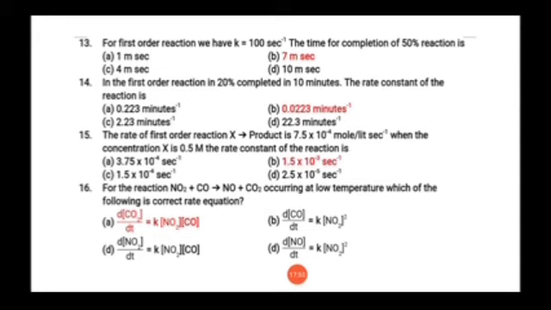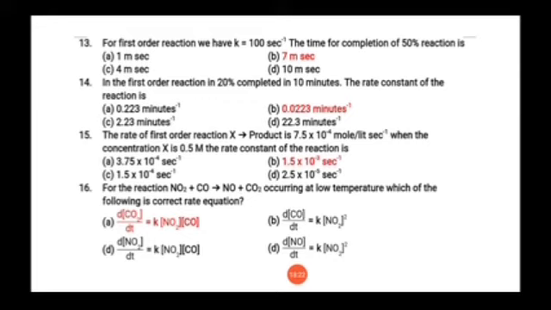Question number 15. The rate of a first order reaction, that is X gives product, is 7.5 into 10 raised to minus 4 mole per liter per second. When the concentration of X is 0.5 molar, the rate constant of the reaction is, so again, rate is given to you. So you can write rate is equal to minus dR by dt is equal to K into concentration of reactant.